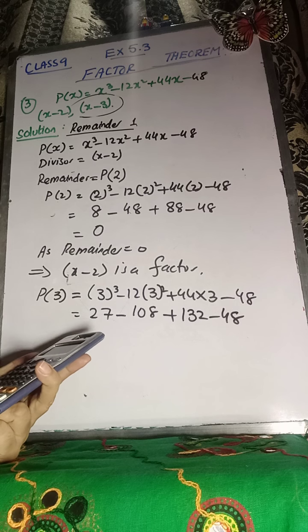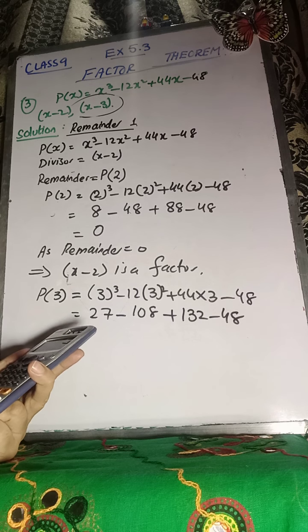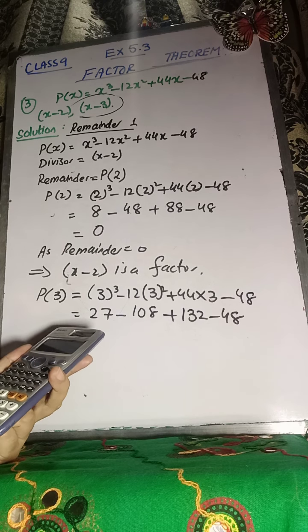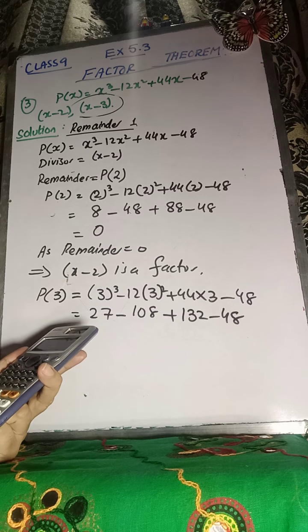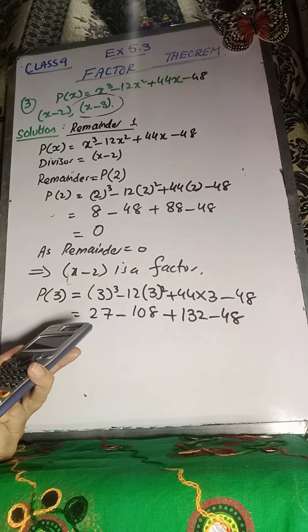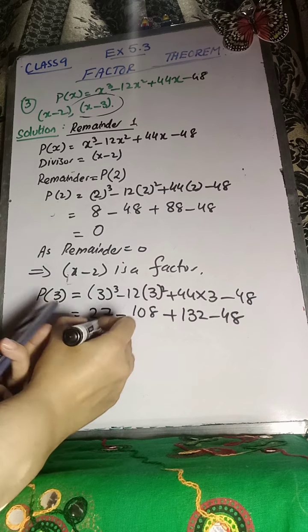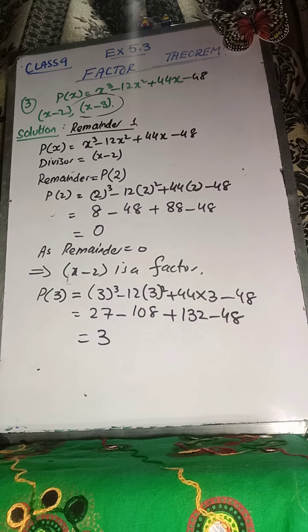Okay, I'm going to subtract these. 27 minus 108 plus 132 minus 48 is going to be equal to 3.